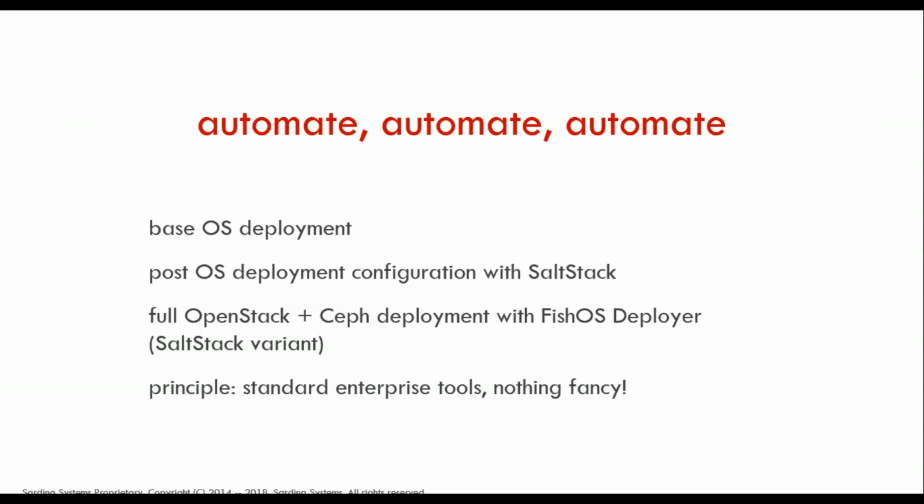And after that, the full OpenStack and Ceph deployment with FishOS deployer using the SaltStack variant. We have 2 variants, the SaltStack variant and the Ansible variant. And the principle here is rely only on standard enterprise tools, nothing fancy at all.